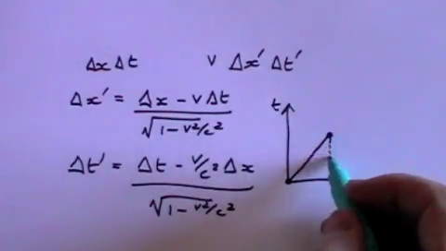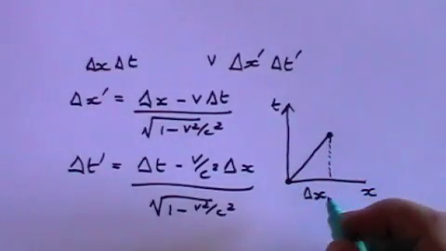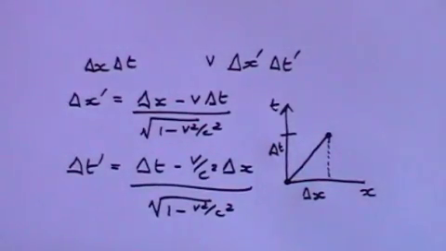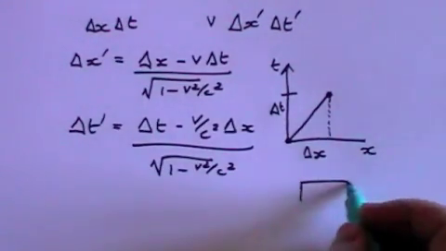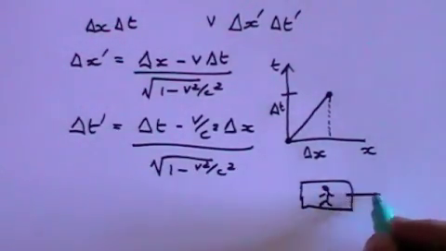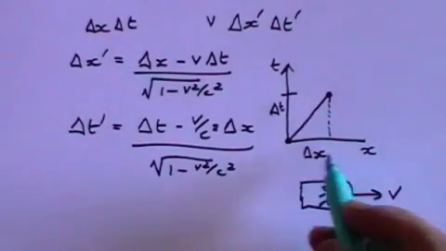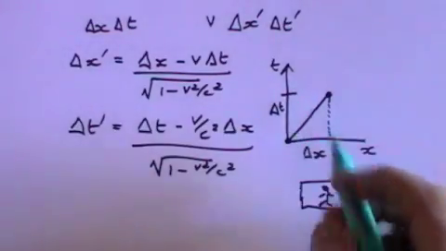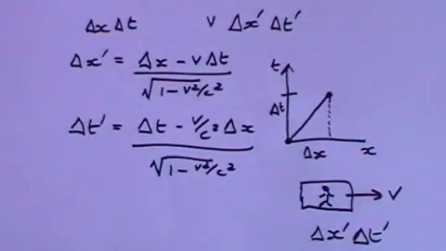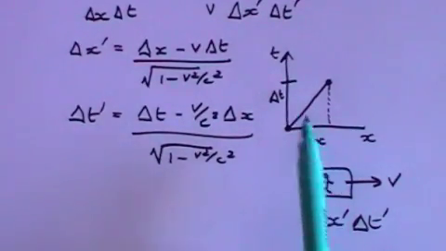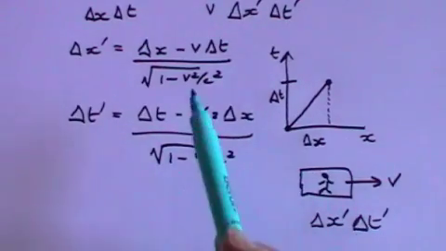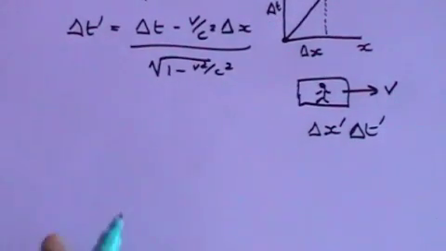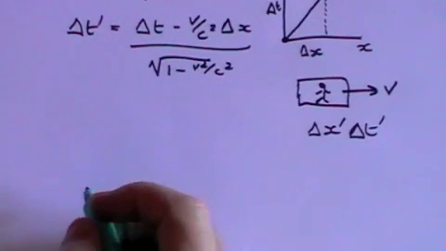And I measure, according to my frame of reference, that it's travelled a distance delta x in a time delta t. But there is an observer in a spaceship going past at speed v, and they observe that distance to be delta x prime, and that time to be delta t prime. And the relationship between delta x, delta t, and delta x prime and delta t prime is given by these two formulae.